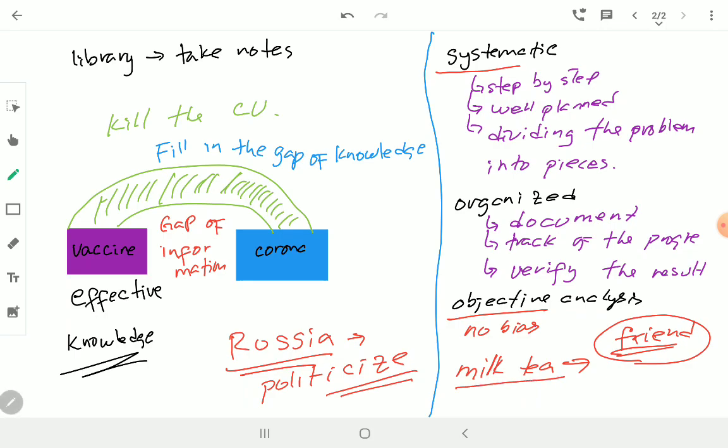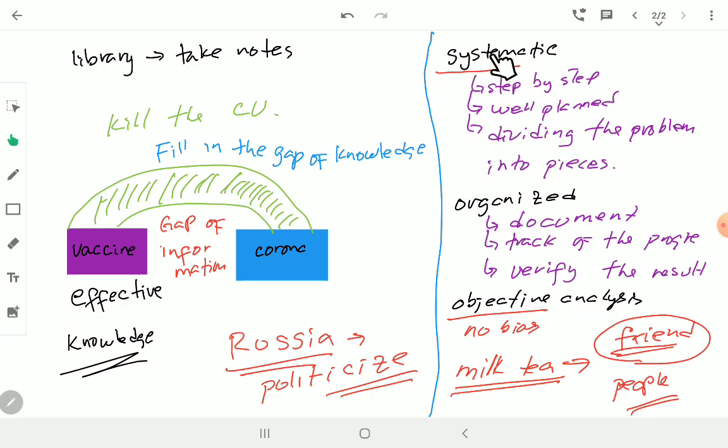It's just that your friend doesn't want you to lose face. So that is not objective. There's a bias in it. But if you ask other people, they would say, you know what? It's too sweet. Then that one is not biased. So in making a research, we make sure that there's no bias.